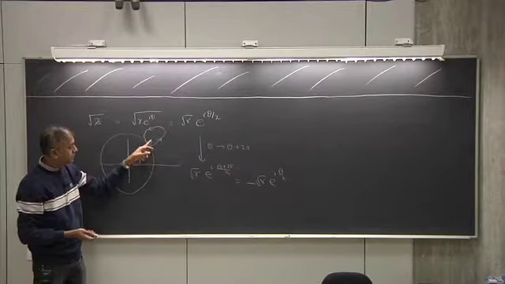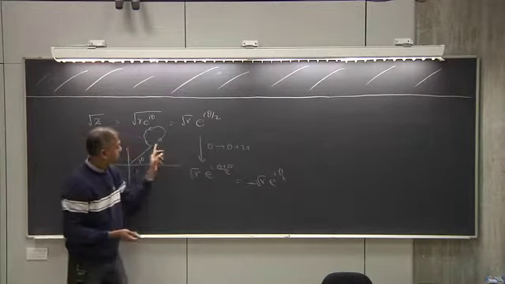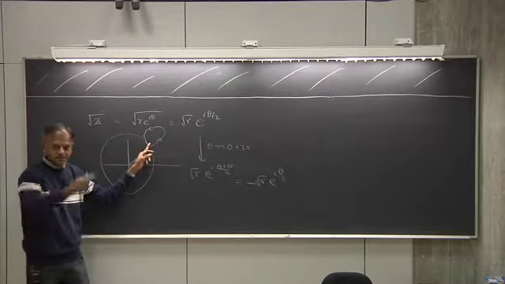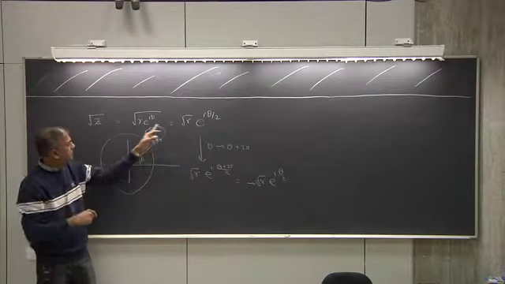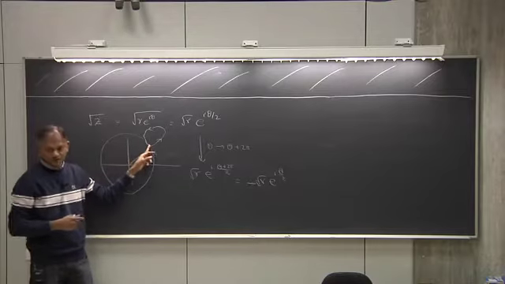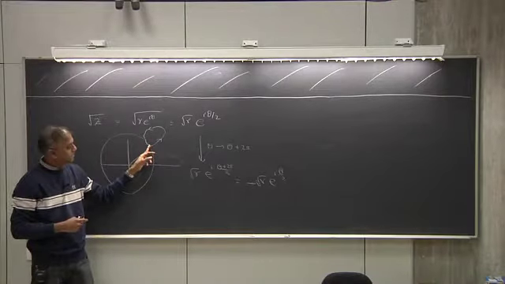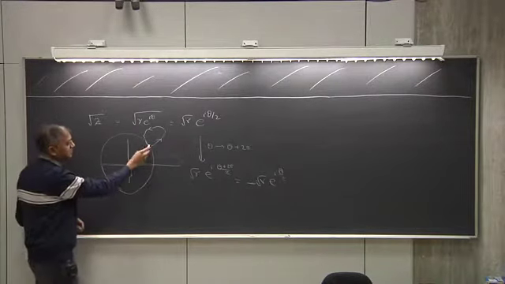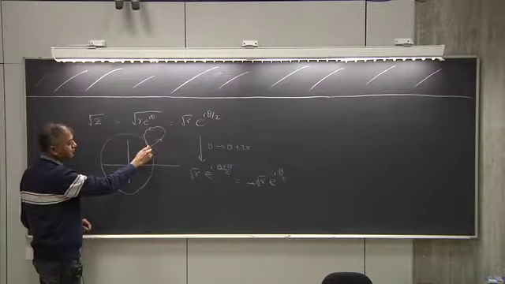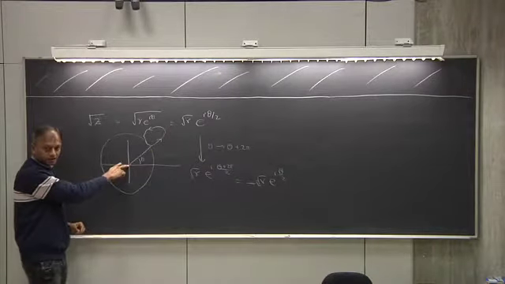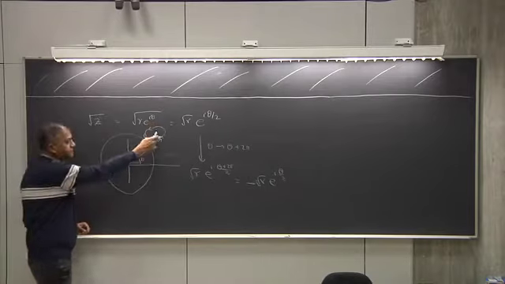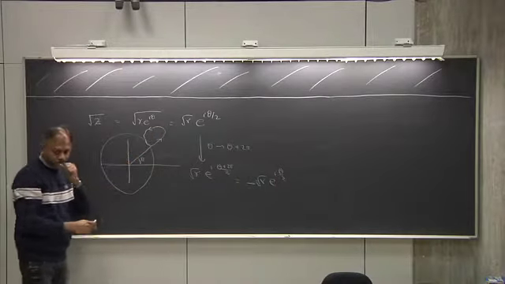So theta will not go to theta plus 2 pi along this path. Along this path, theta will come back to itself, which means the square root of z will come back to its original value.